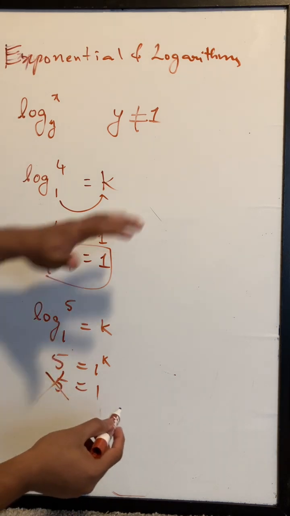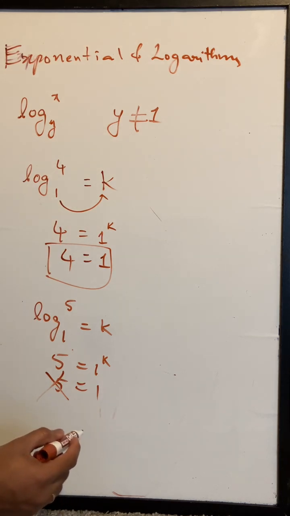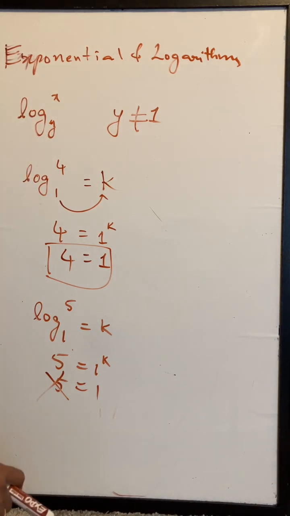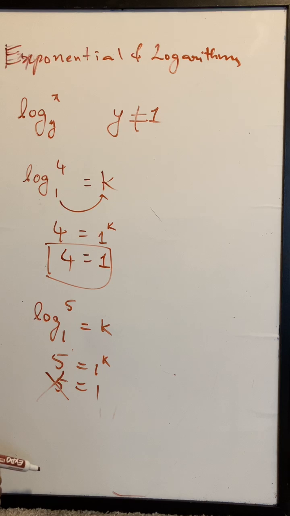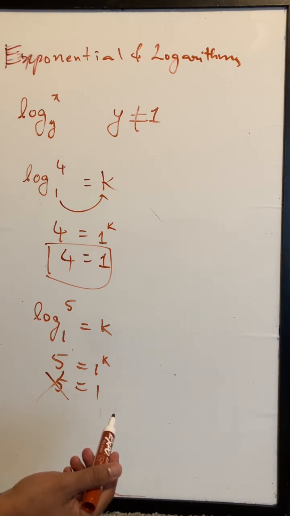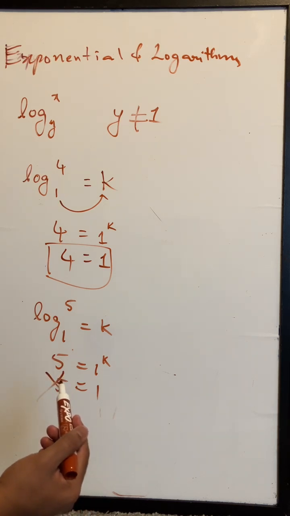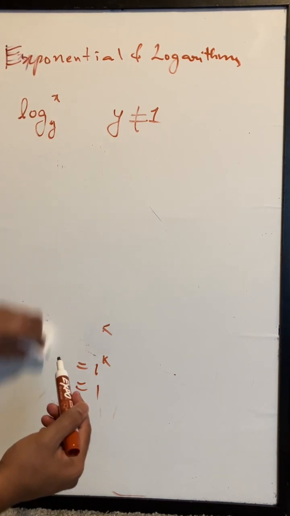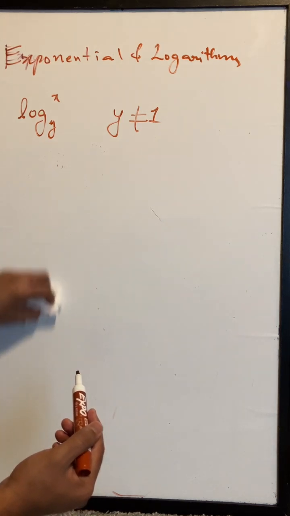That's the reason we always keep y not equal to 1. Okay, let's do it the other way. I will explain it by the graph. We can't write 4 equal to 1 or 5 equal to 1, that is not true. In mathematics, let's do it more practically. I'll show you the other method, which makes it easy to understand why it can't be 1.